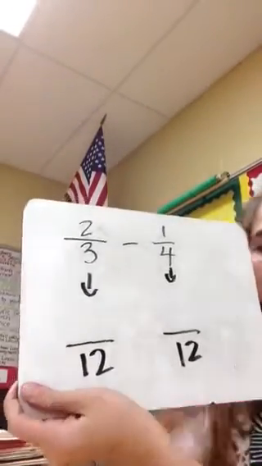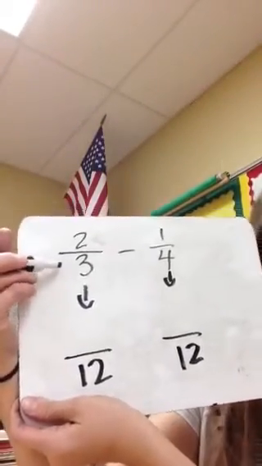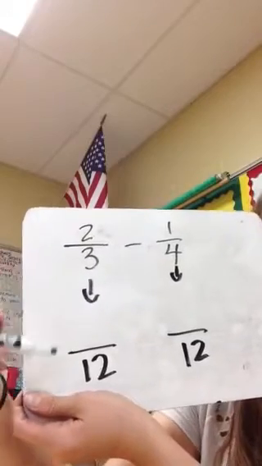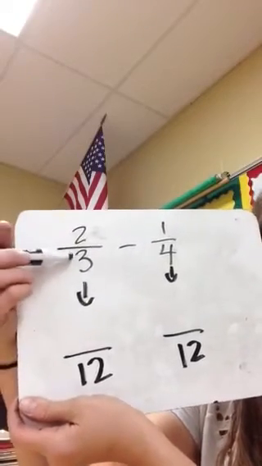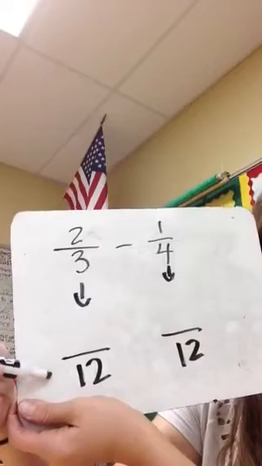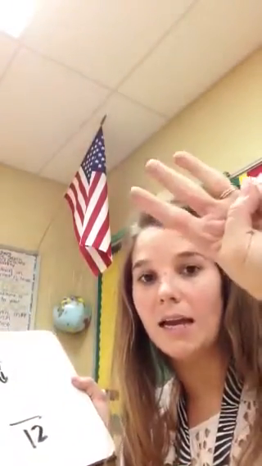Let's set up our new fractions below. So my new denominator I know is going to be 12 for both of my fractions. So I'm going to set it up like this. And now I have to ask myself, how do I go from a 3 to a 12? How do I turn this 3 into a 12? Well, we just counted by 3's, so 3, 6, 9, 12.